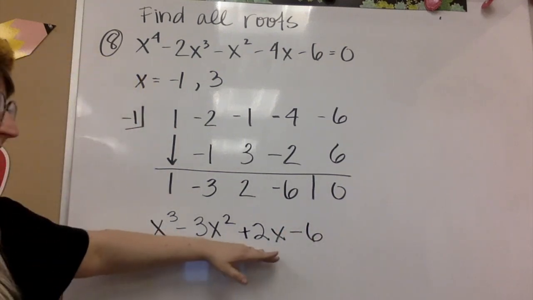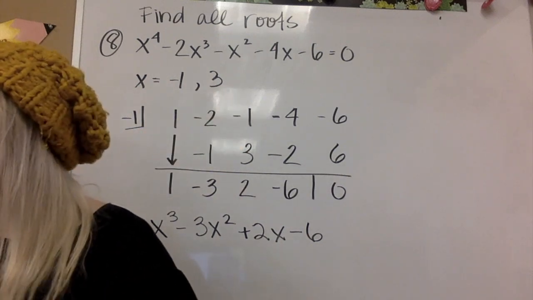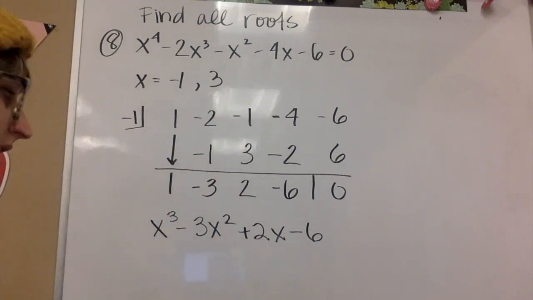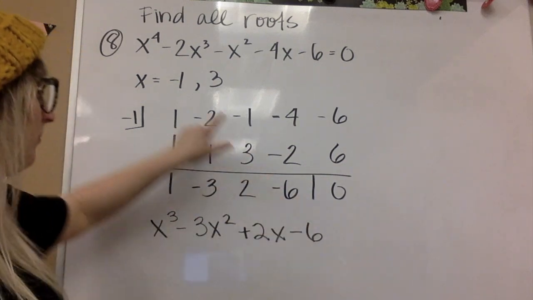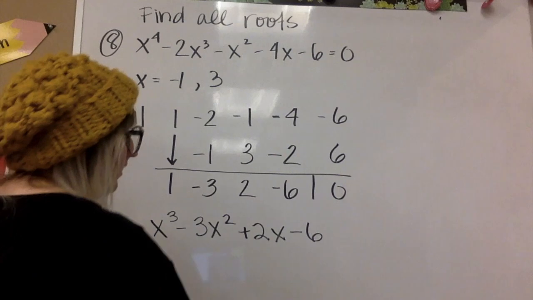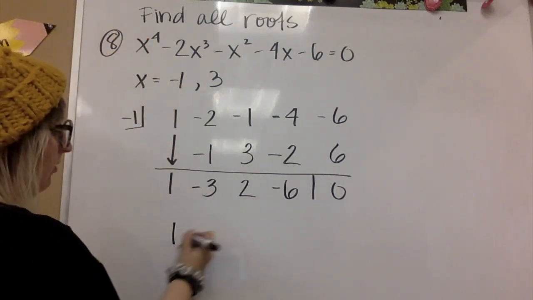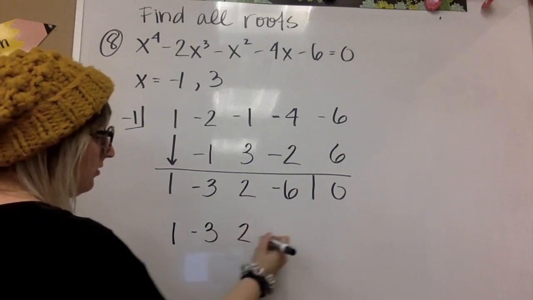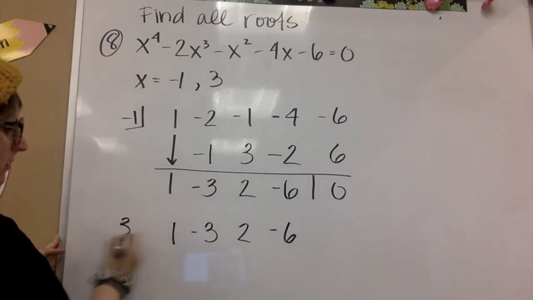So now I need to divide this by my other root, 3, to break it down so I can factor it. So I'm going to take these coefficients, 1, negative 3, 2, negative 6, and divide them all by 3.